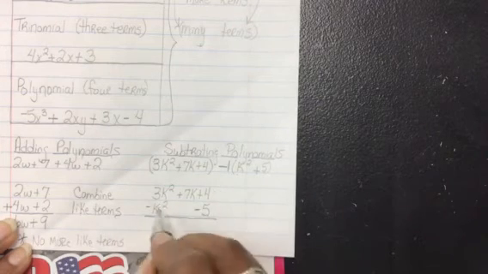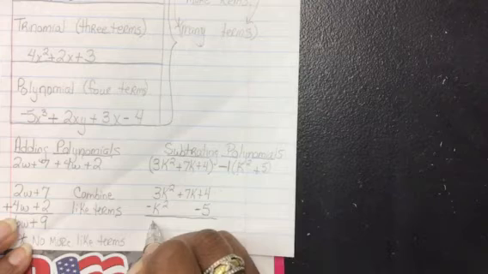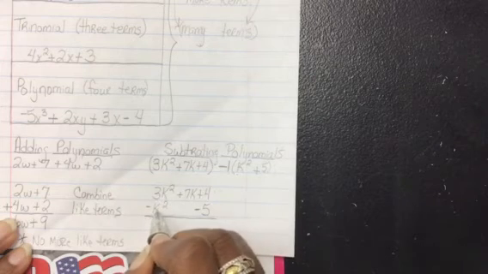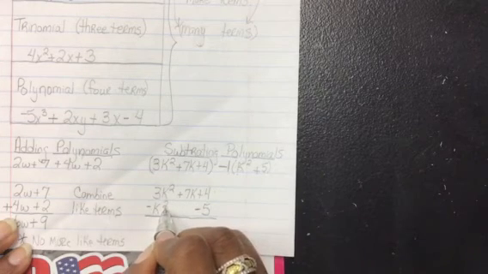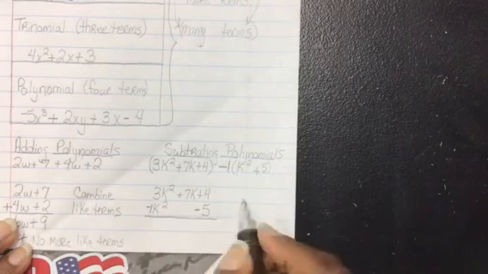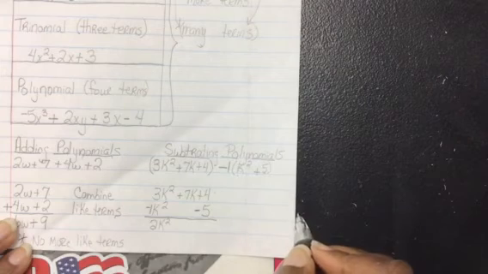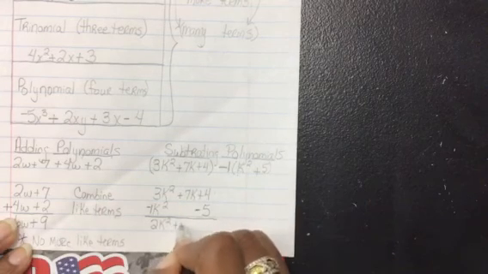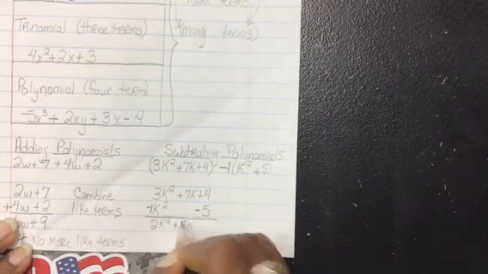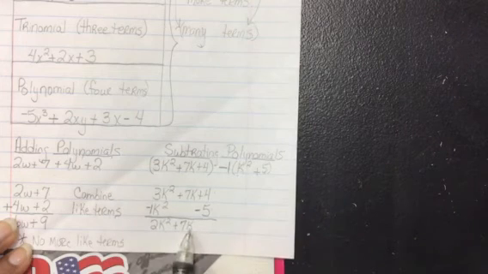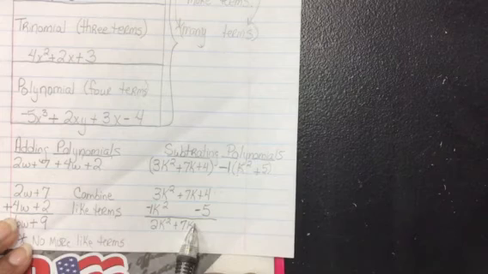Now I can combine like terms after changing the sign. So therefore, I'm reducing this. So 3k squared minus 1k squared will become +2k squared. Bring down the 7k. Notice these two are not like terms because their exponent is not the same.